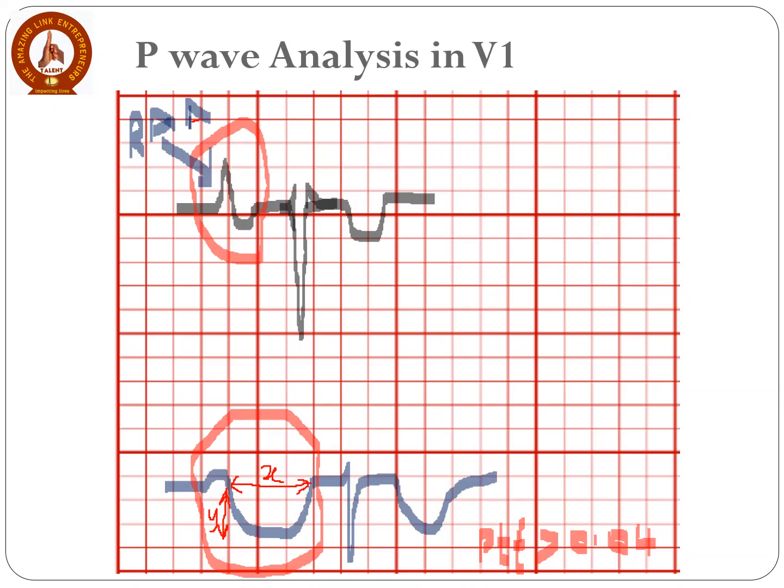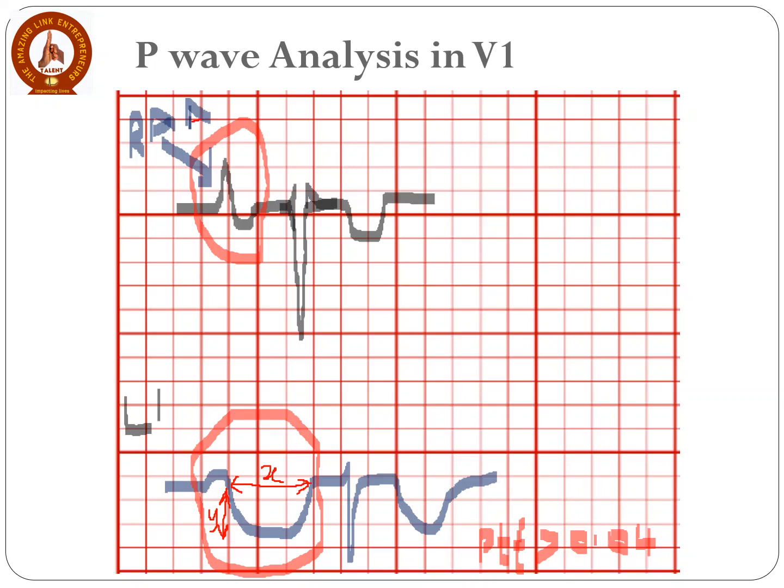Because if you look at this component here, 1, 2, 3, that is 0.12, times this depth in millimeters, 1, 2, so times 2, the product is greater than 0.04 millimeter seconds. That is how to diagnose left atrial abnormality in V1.